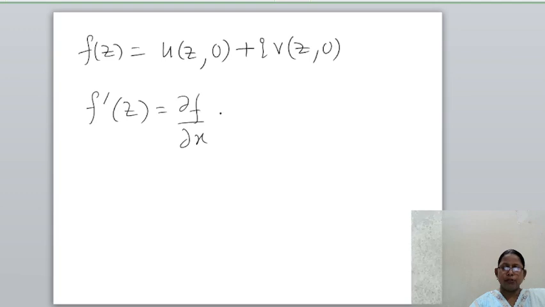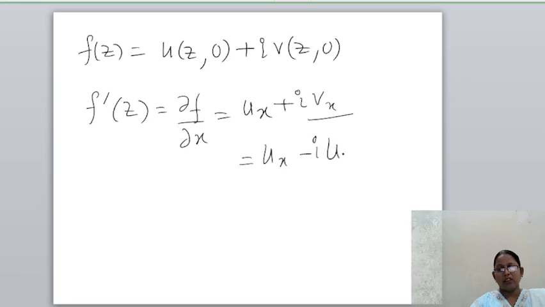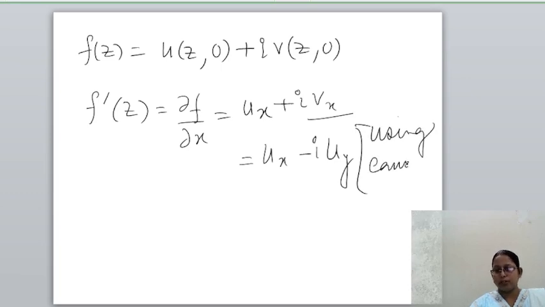So this is u_x plus i v_x, and using the Cauchy-Riemann equation, I will get u_x minus i u_y.